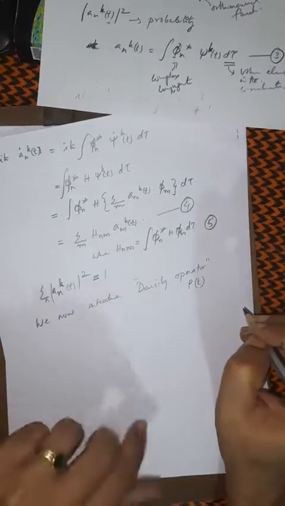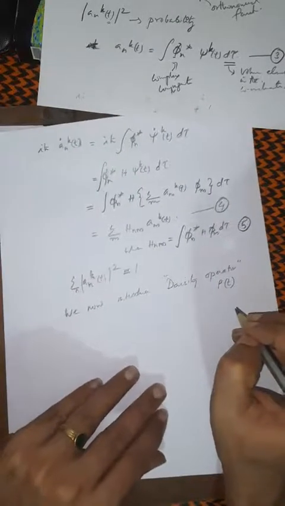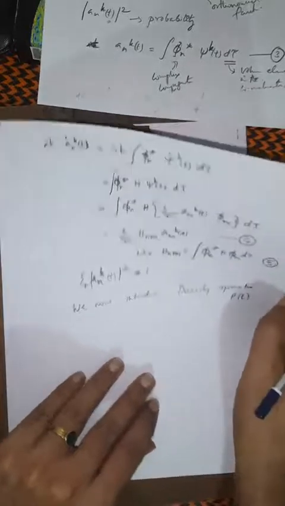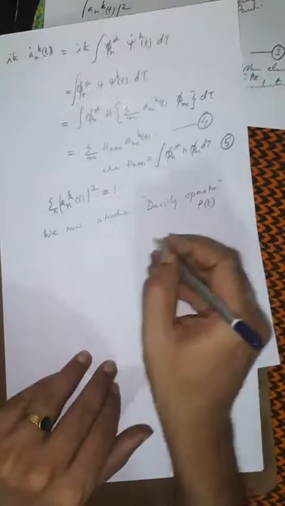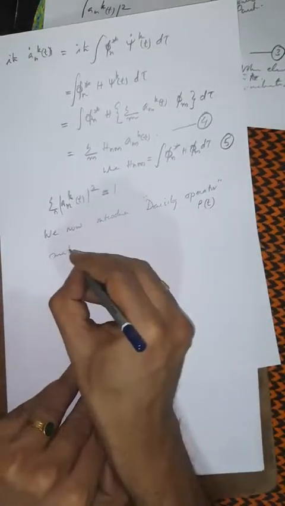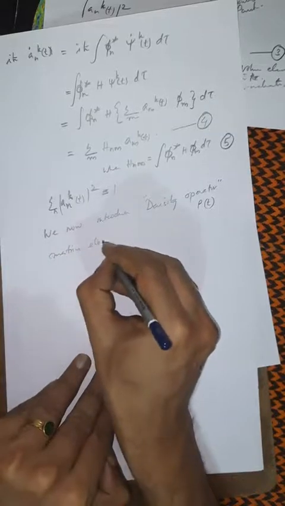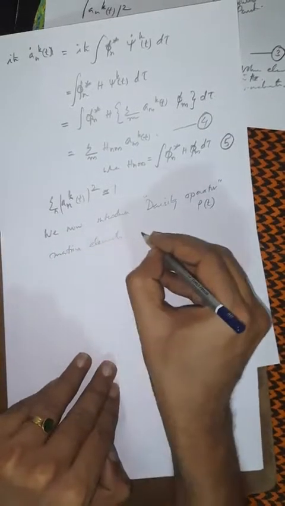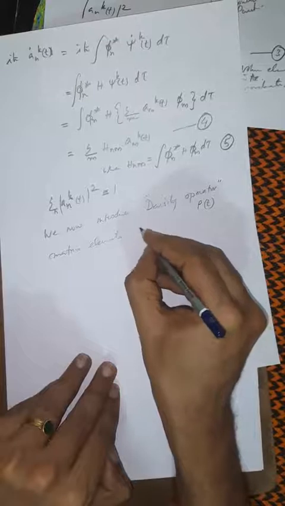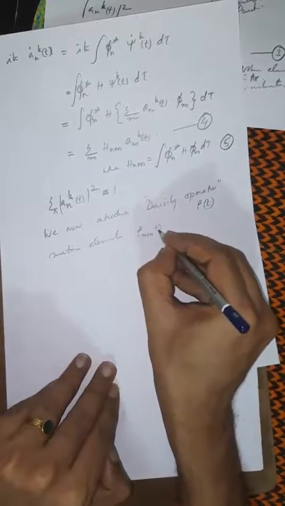This density operator is defined by some matrix elements, which in general are represented by rho_mn(t), right?